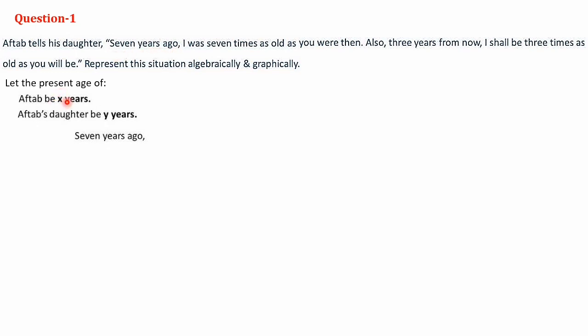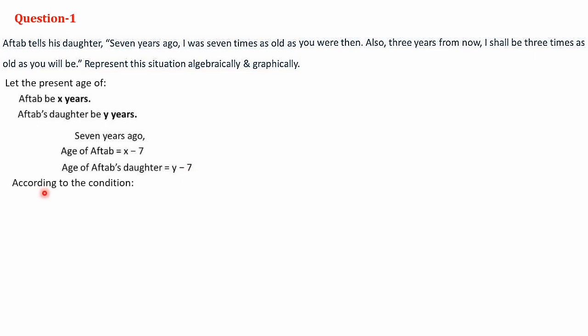Presently their ages are x and y. Before 7 years, their ages will be 7 years less than the present age, means x minus 7 is Aftab's age and y minus 7 was his daughter's age.